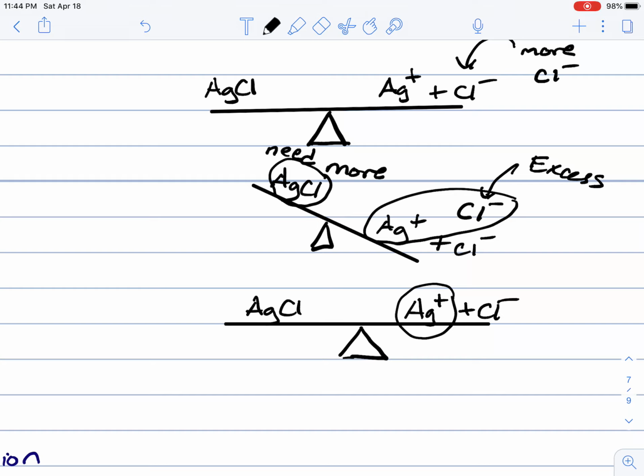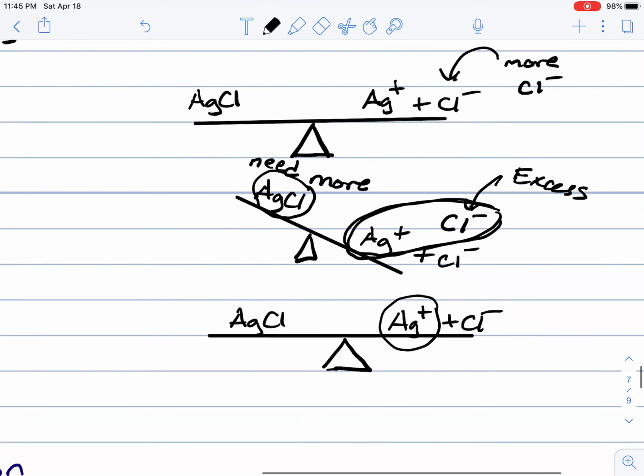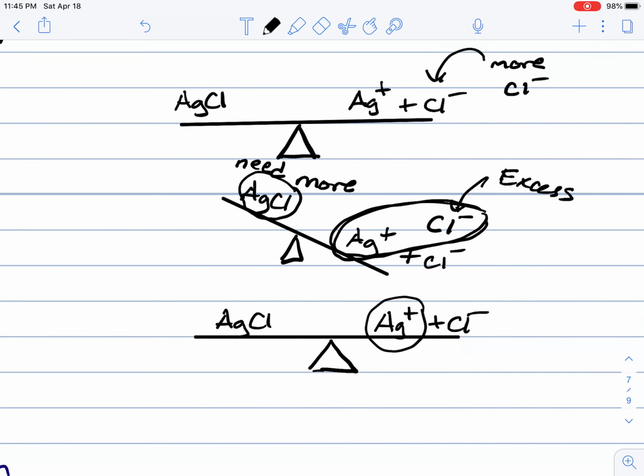You have either a mole or a fraction of a mole or a multiple of a mole, right? Long story short, you have more than one of those substances. And so right now I just combined silver and chloride, that's silver and the excess chloride that was added to the solution to produce more silver chloride.